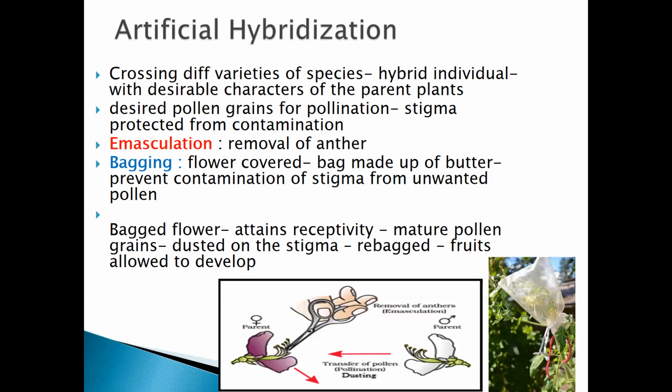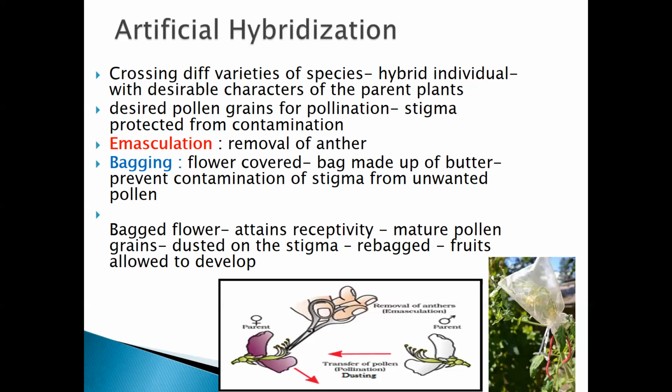What all is done? Remember one imaginary picture. First you choose the plant. Remove the anther, that is emasculation. After removing the anther, it is bagged, so that it is not contaminated with any other pollen grains. Once the stigma becomes receptive, that is, mature, you dust the pollen grains on the stigma.